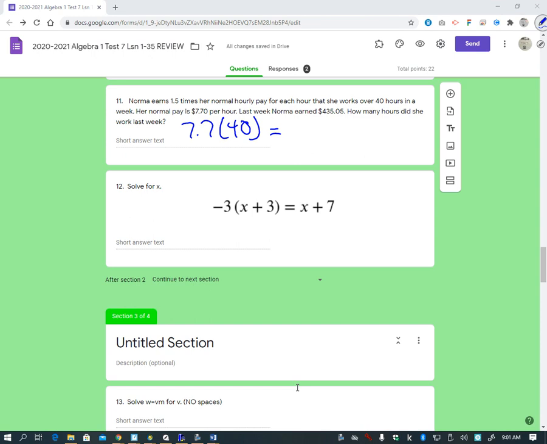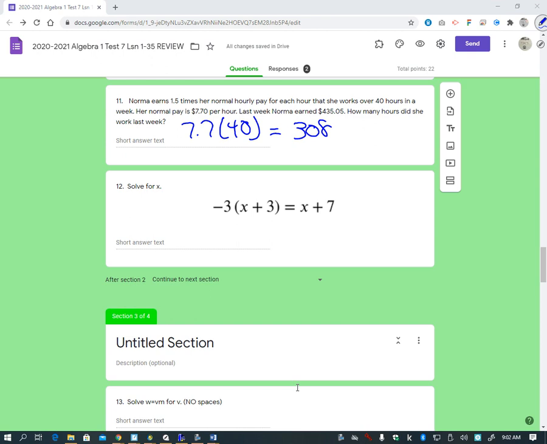So that's not going to tell me how many hours she worked. What's it going to tell me, Eston? Right, in the normal pay, right? It's going to tell me how much money she earned, normal hours, normal pay, right? So 7.7 times 40 is how much? $308 even? Okay.